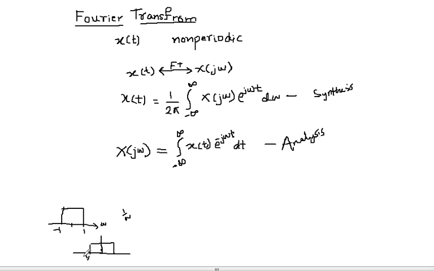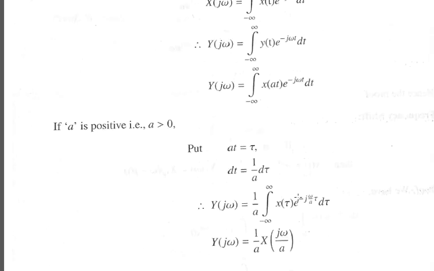So its value would be 1 by a, minus 1 by a and plus 1 by a. So after scaling, the signal gets compressed or expanded, and we need to consider that effect. So the value becomes x of tau, minus j omega by a tau.